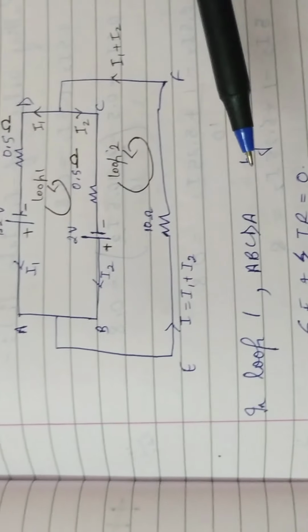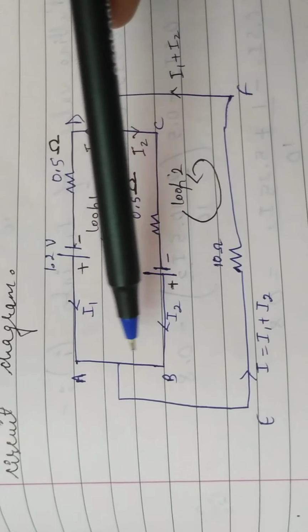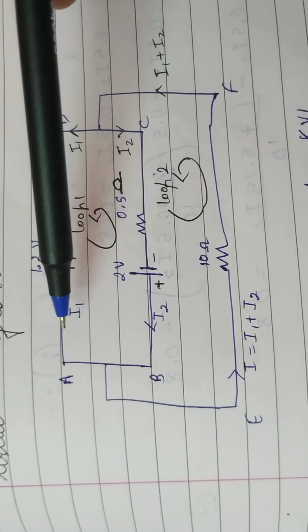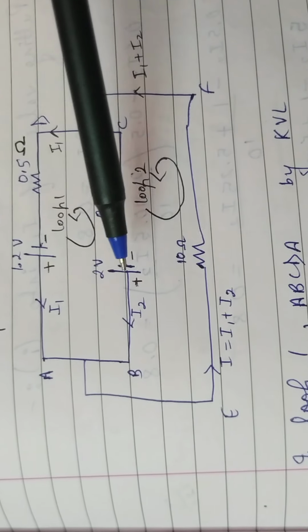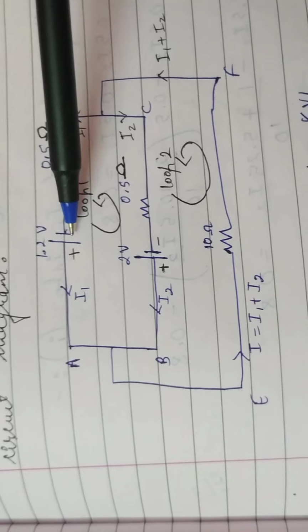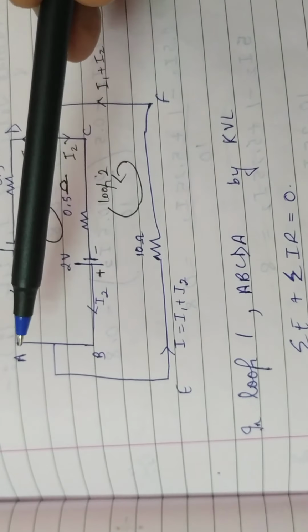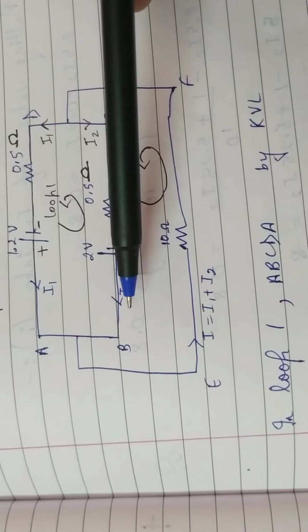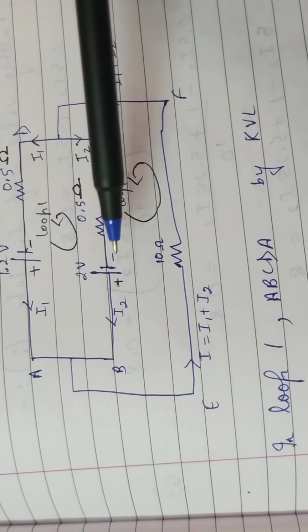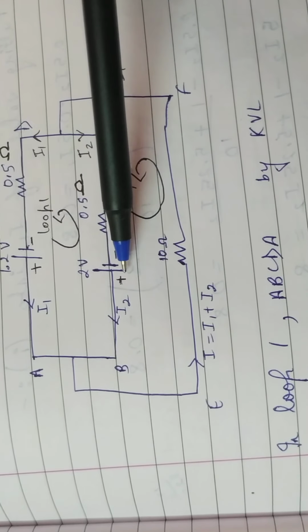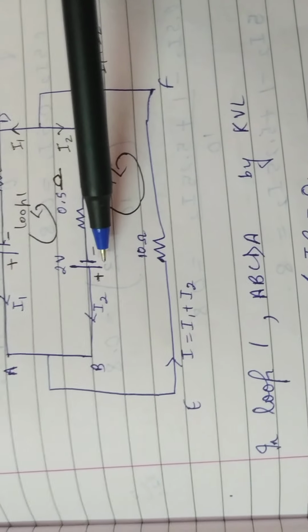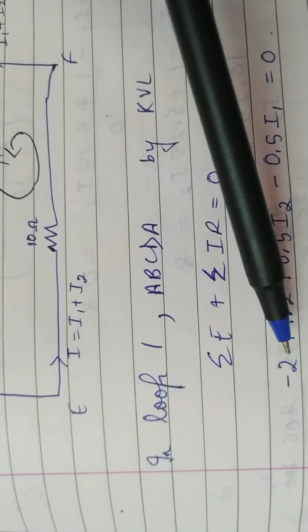In loop 1, when we traverse A to B, B to C, C to D and D to A, we find the EMF source of 2 volt and EMF source of 1.2 volt. When we traverse from A to B, there is no EMF, but from B to C the EMF is 2 volt and we are traveling from positive to negative terminal, hence the voltage is taken with minus sign.